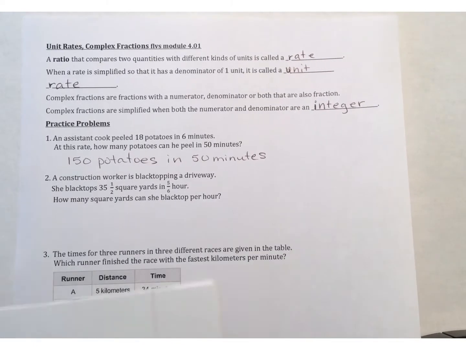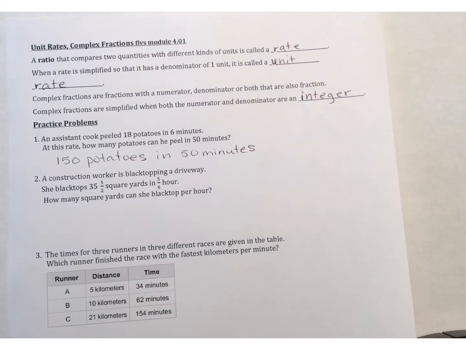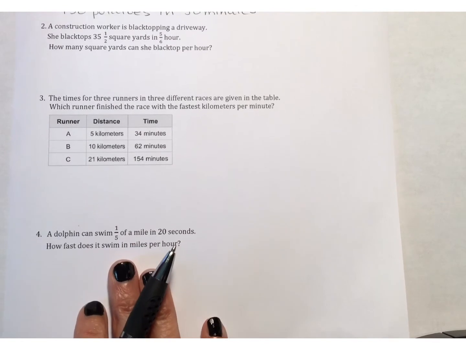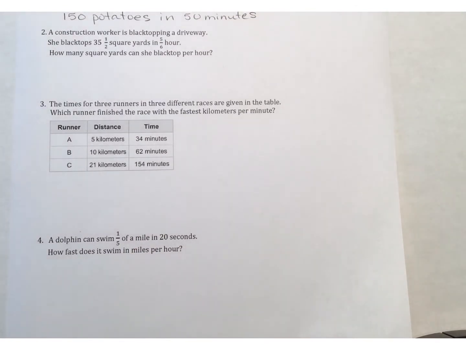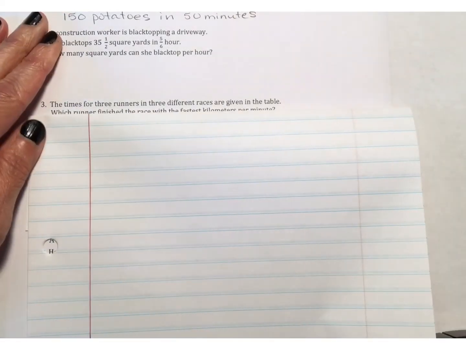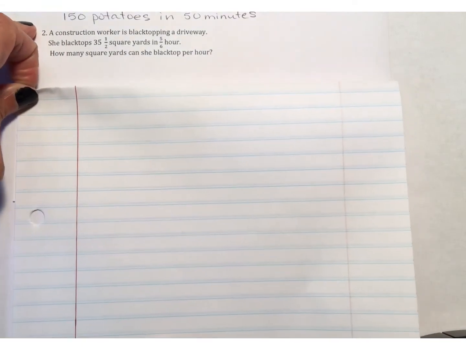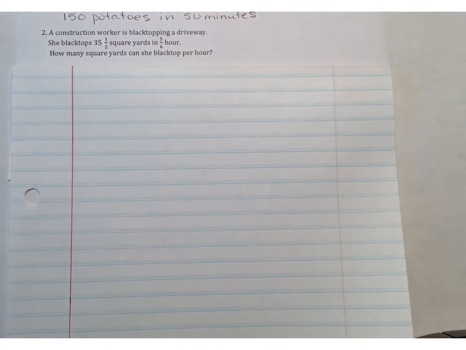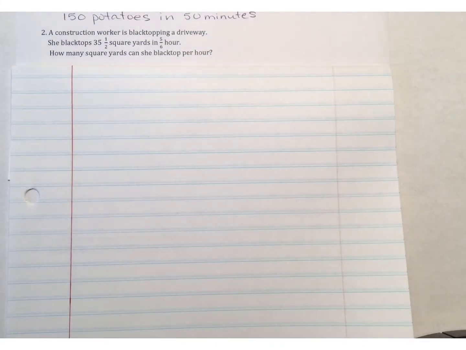So when we set this one up, let me give myself a little space on the paper, fold it down, and let's solve this one. Let's set up this proportion, or this rate here.